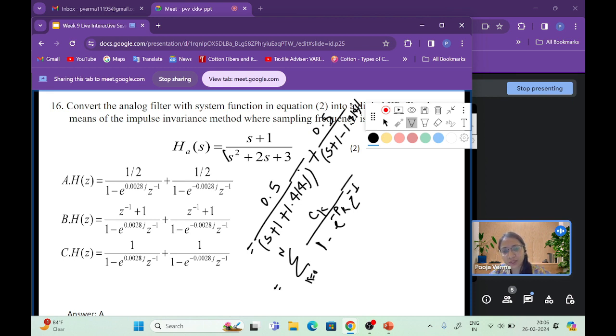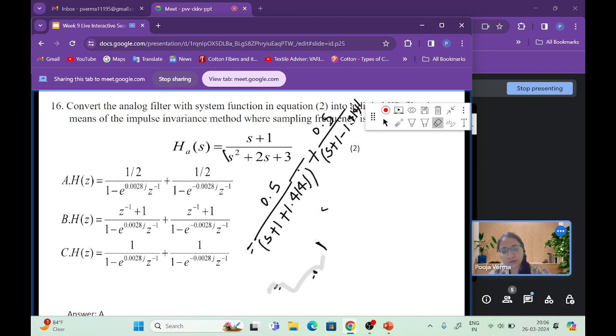So first we need to find the j omega t. How can we find it? As we know, sigma plus j omega is given as minus 1 plus minus 1.414 j in the poles.